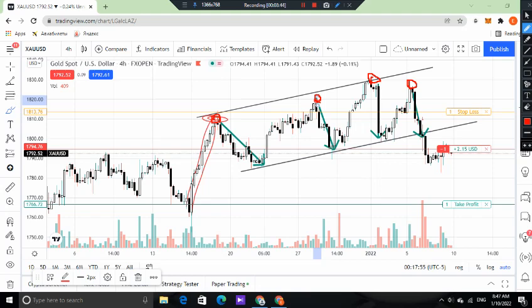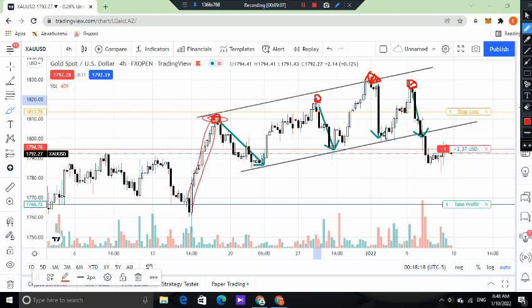And when you see a lower top like this one, you have to be more careful, because you infer that the dominant side of the market is losing their power.